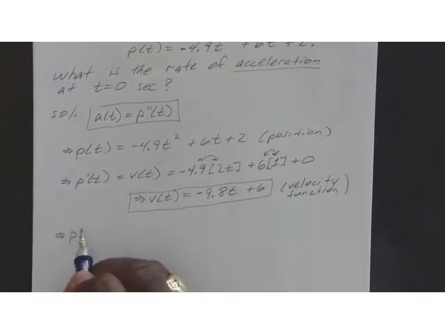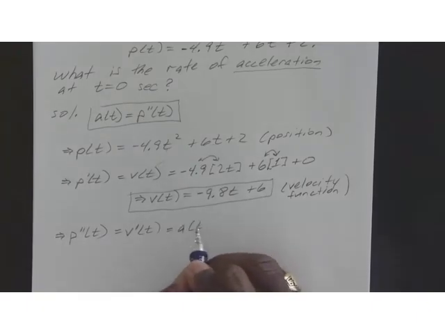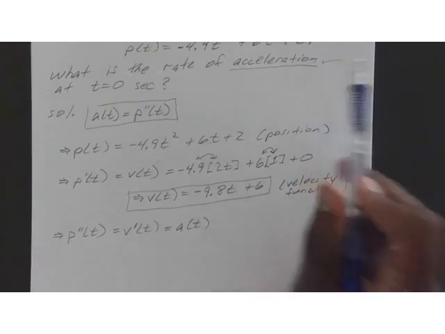Okay. Now, if we find the second derivative of our position function, that's just the first derivative of our velocity function, which will give us our acceleration function, which is what we're looking for.